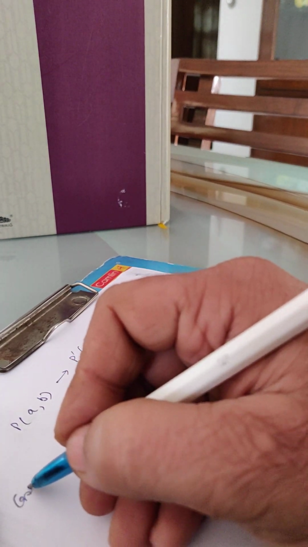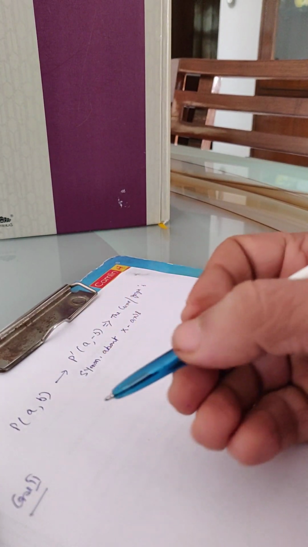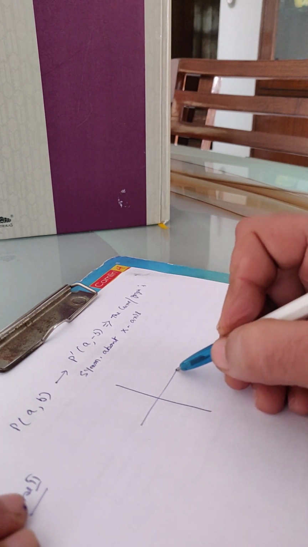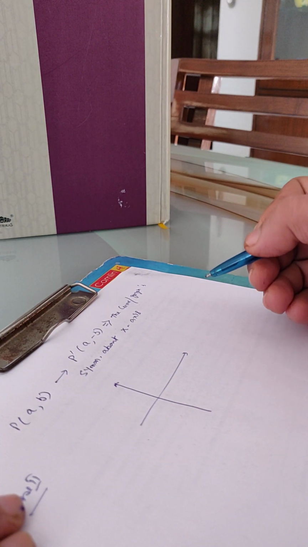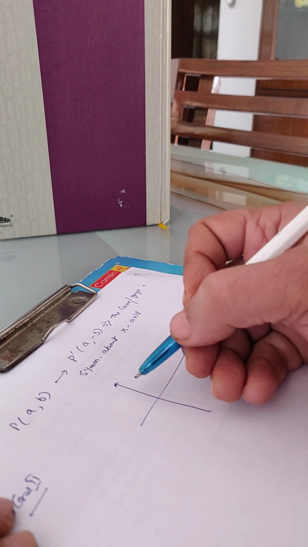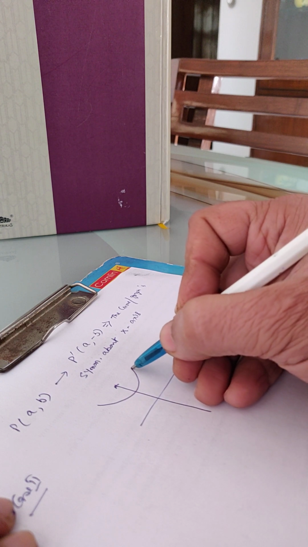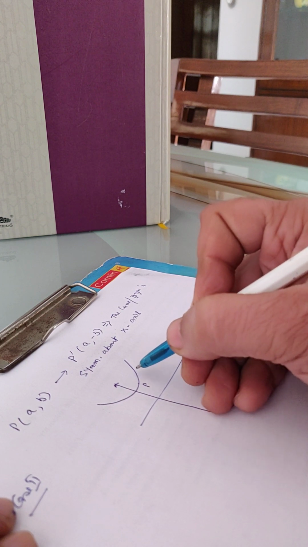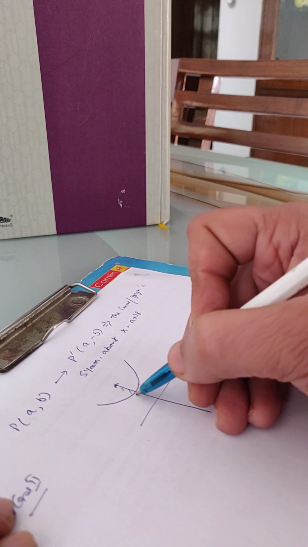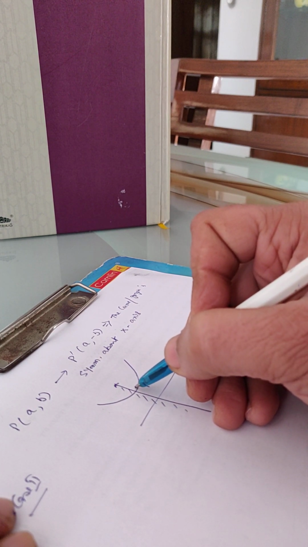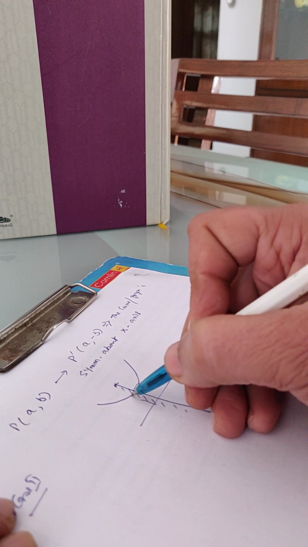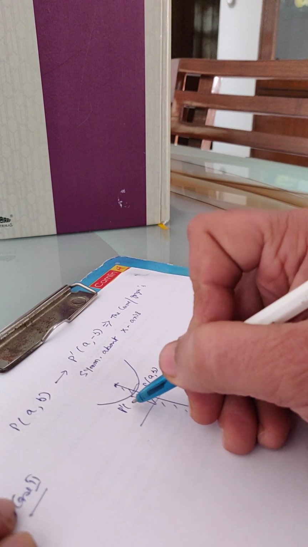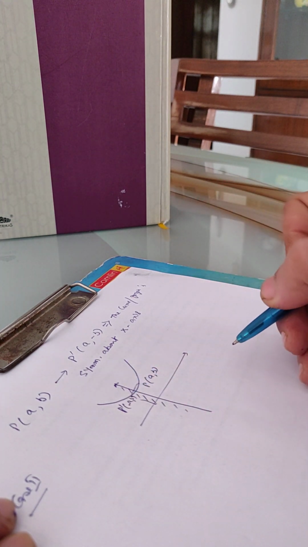Now case 2, that was case 1. If you have a graph like this is your coordinate axis, and you have a graph like this. Every point over here, P, maybe like here, anywhere over here, and suppose this is the mirror. You take the reflection, you find reflection of PAB gives you P dash of minus A comma B. B is same.